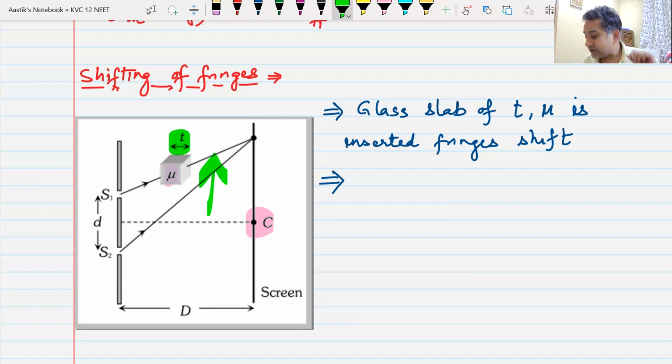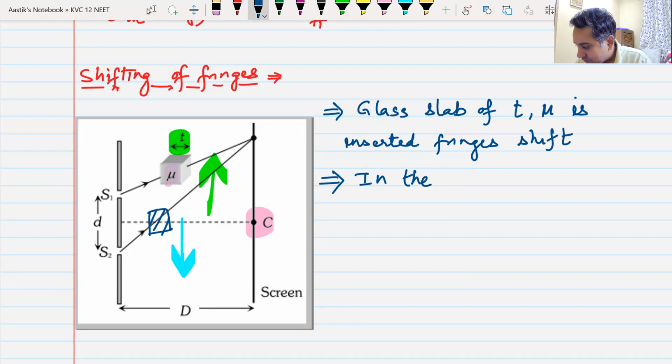If I put a glass slab in front of the lower slit, the blue one, the pattern will shift downwards. So the pattern shifts in the direction of the slab.